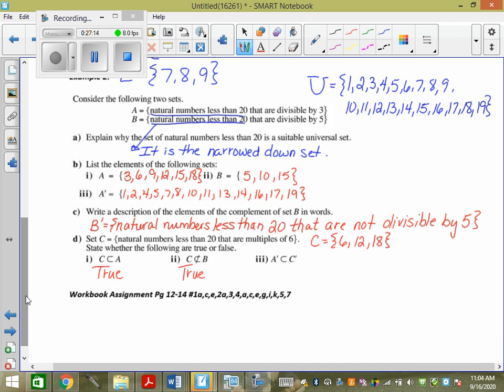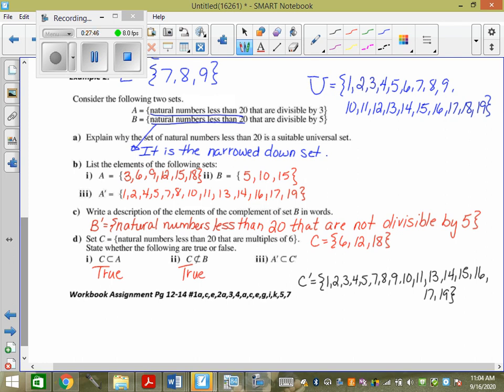Not A is a subset of not C. Well, not A has 1, 2, 4, 5, 7, 8, 10, 11, 13, 14, 16, 17, 19. Not C, we should write out what it is. Not C is everything but 6, 12, and 18. So it's 1, 2, 3, 4, 5, 7, 8, 9, 10, 11, 13, 14, 15, 16, 17, 19.